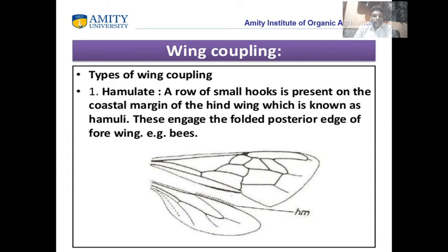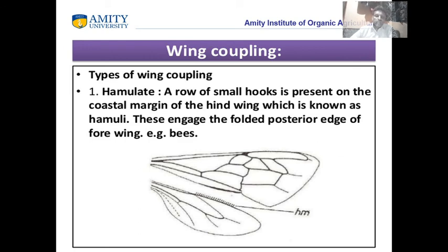Now wing coupling. When the forewings connect with hind wings, then the process is called wing coupling. And there are different types of wing coupling. Number one is hamulate type of wing coupling.